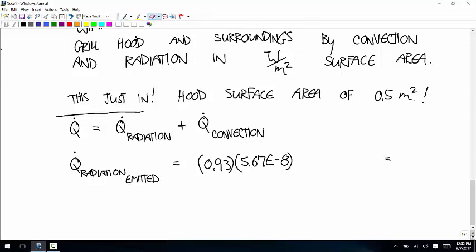Sorry. So there's also a 0.5 for the surface area. And then this is 320.15 to the fourth. And what do you get if you multiply all that together? And that's in watts.